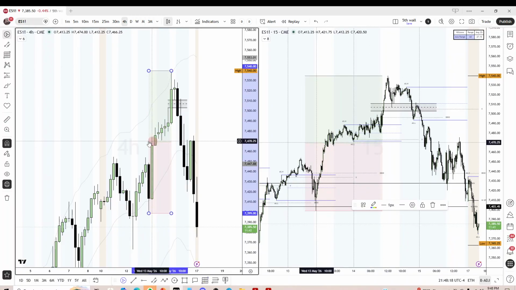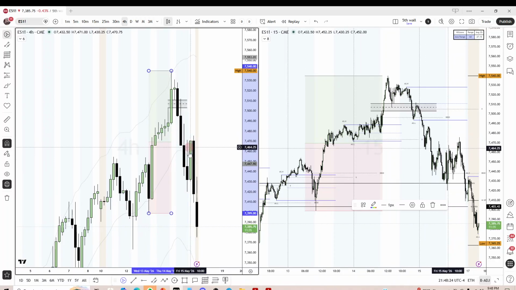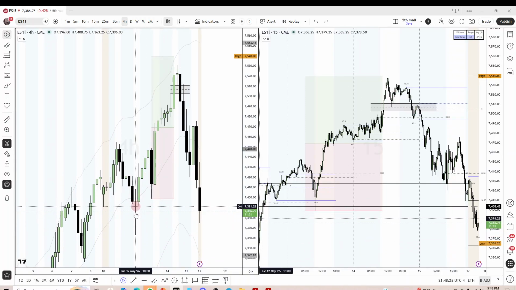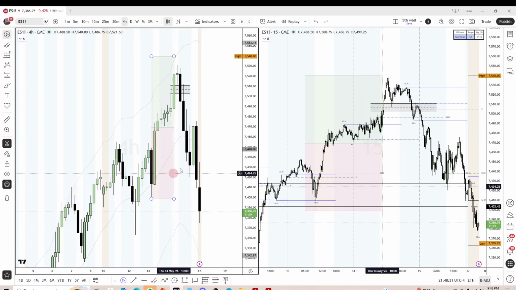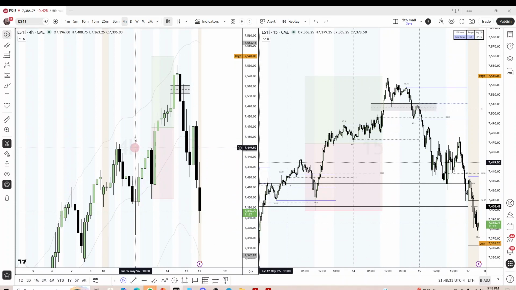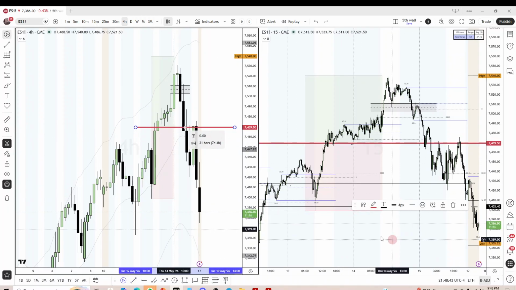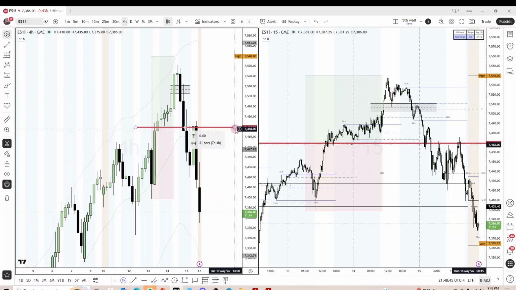So the equilibrium is here, and we can see price traded back up above equilibrium before it continued lower, targeting this low primarily, and then we can get into that later. All right, so we can draw this out, eyeballing it, of course. And so that's equilibrium.